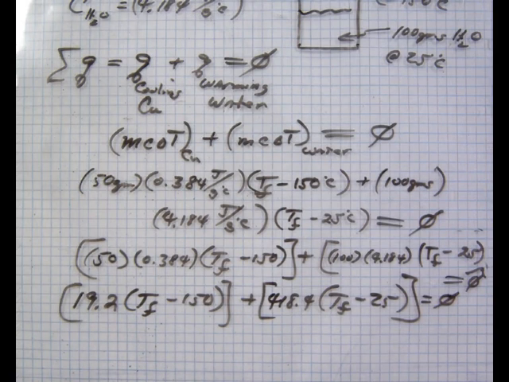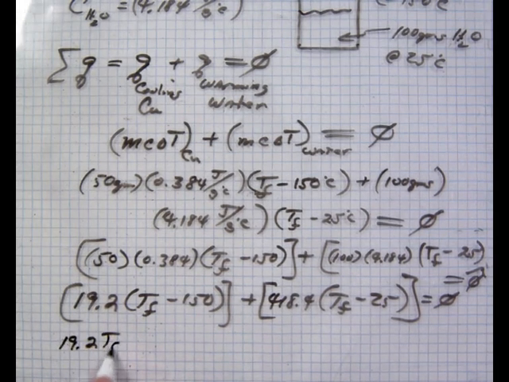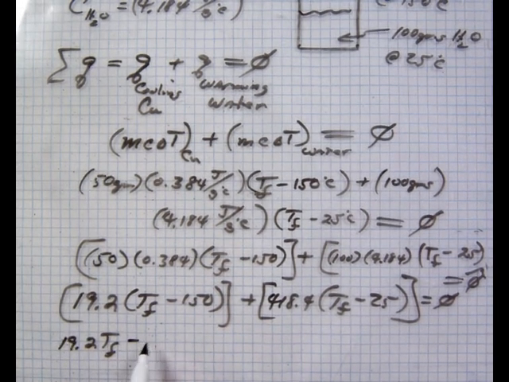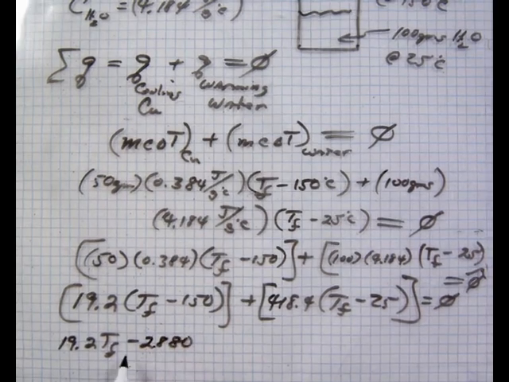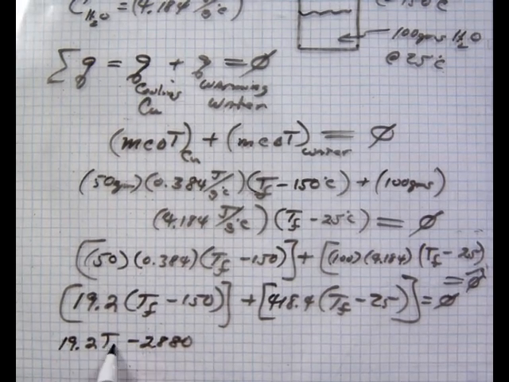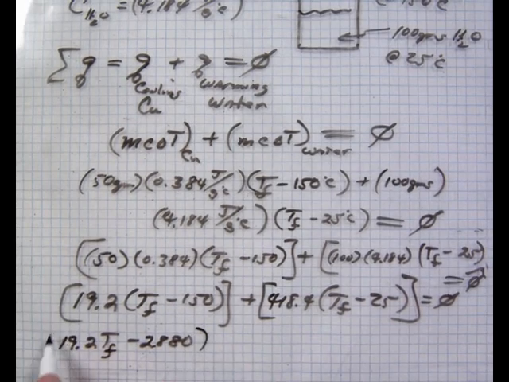So we have 150 times 19.2. This would be 19.2 TF minus 2880. Right there. And we'll just keep the items separate.